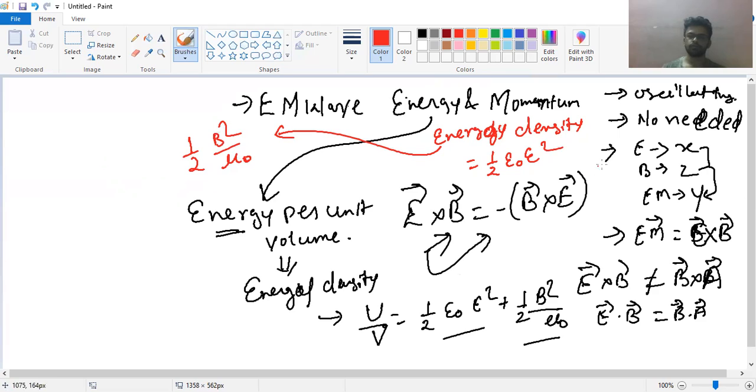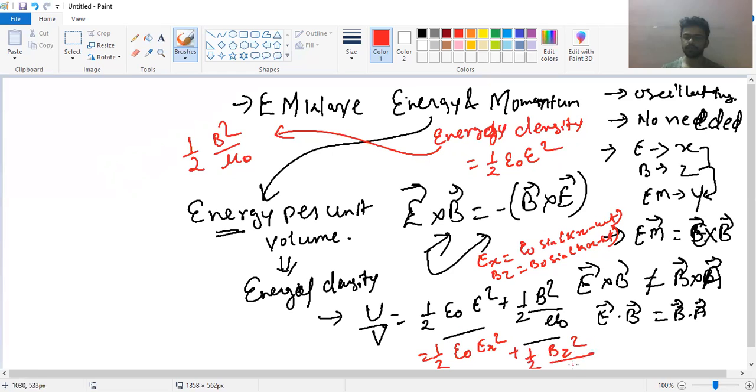We know our equation was Ex equals E naught sine of kx minus omega t, and the second equation was Bz equals B naught sine of kx minus omega t. So here we write half epsilon Ex square plus half Bz square by mu naught.